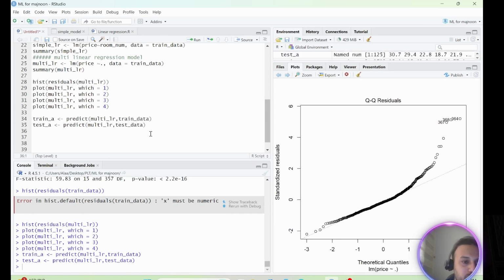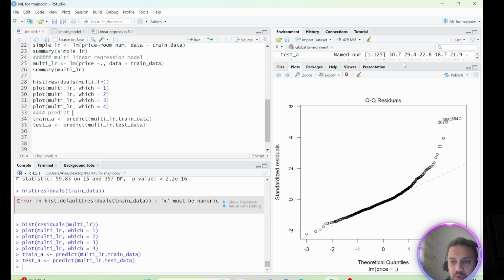So what I'm doing here is trying to predict with my model on my training and test sets.